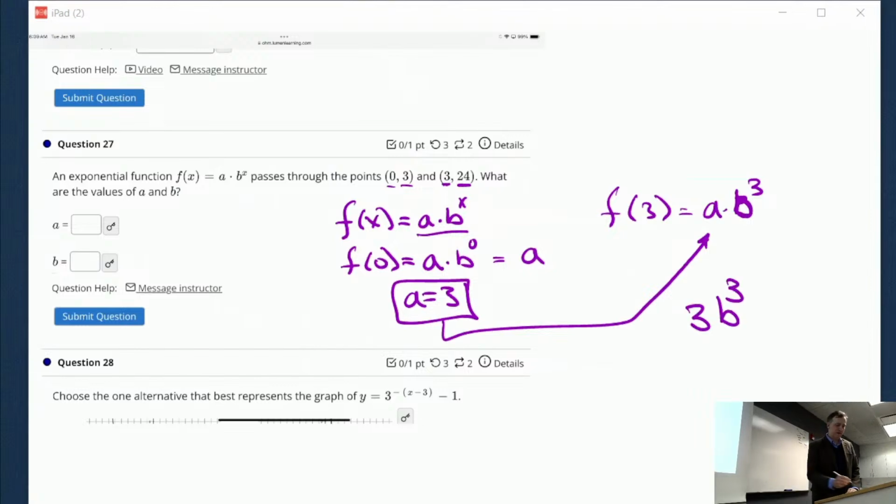So 3 times b to the third should equal 24, which means b to the third is equal to 8. And hopefully we know what b is now, but if not, you can always use your calculator and do the cube root of 8, which is 2. So b should be 2. So the final answer is b equals 2, a equals 3.